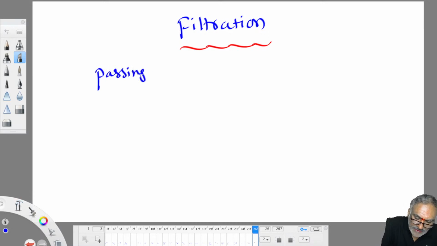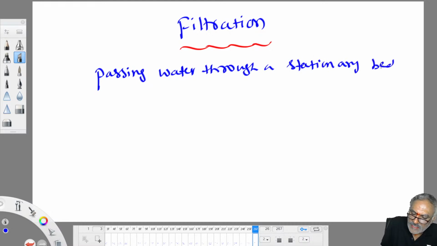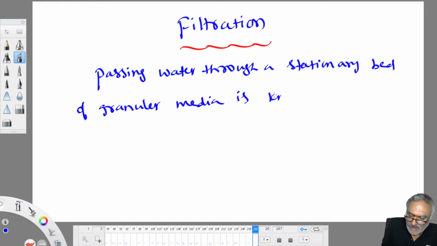So passing water through a stationary bed of granular media is known as filtration.